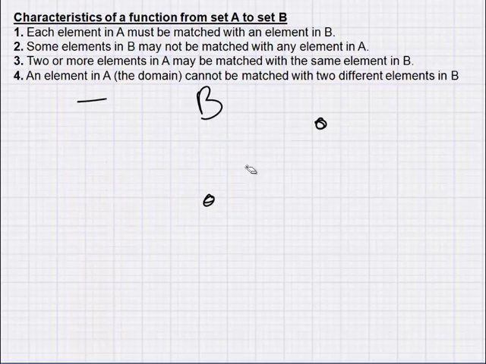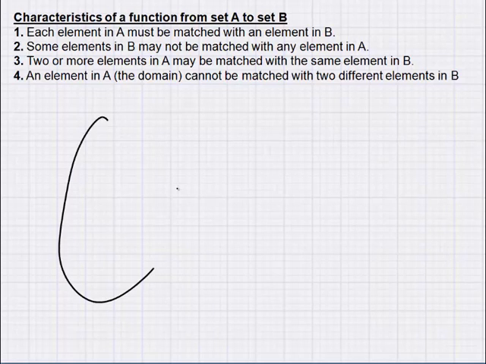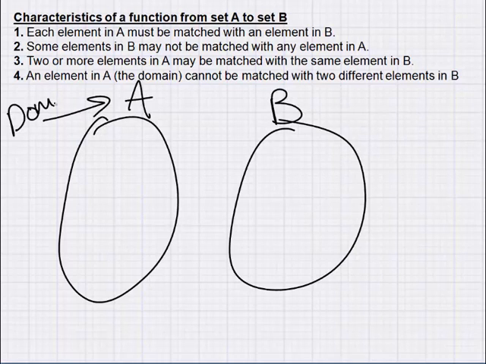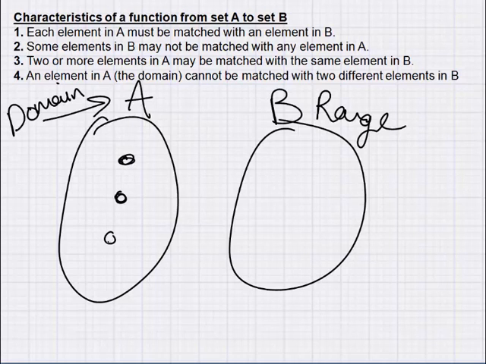So how about we do another one? One more. Set A, set B. Again, remember we call this the domain. This is my range. So here's some A elements, here's some B elements.